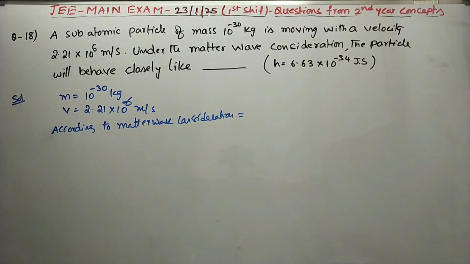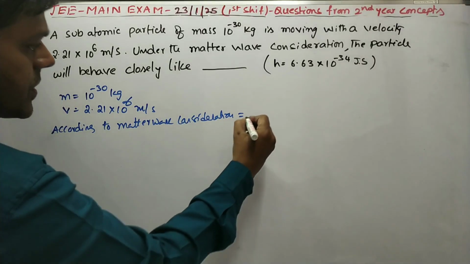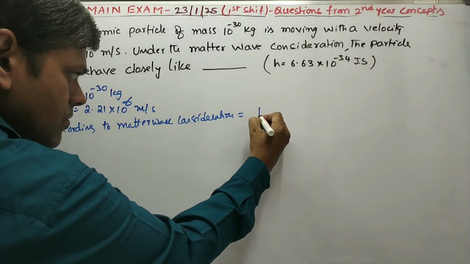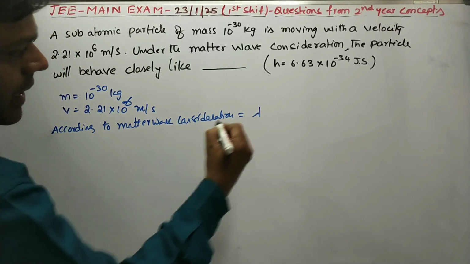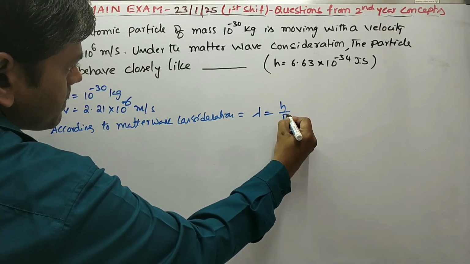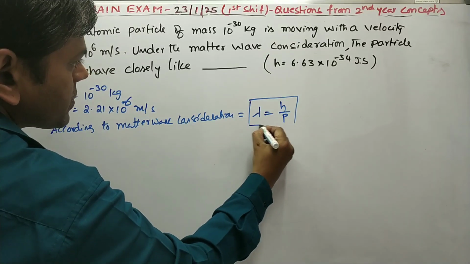According to matter wave consideration, it is associated with a certain wavelength. Lambda is equal to what? h by p.